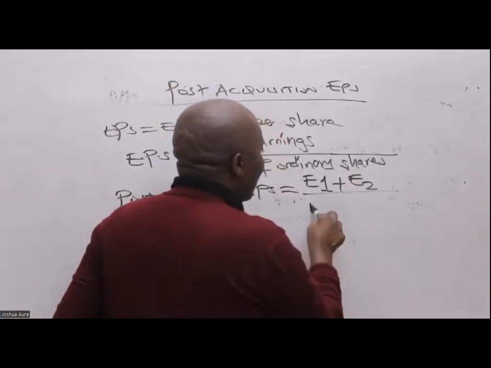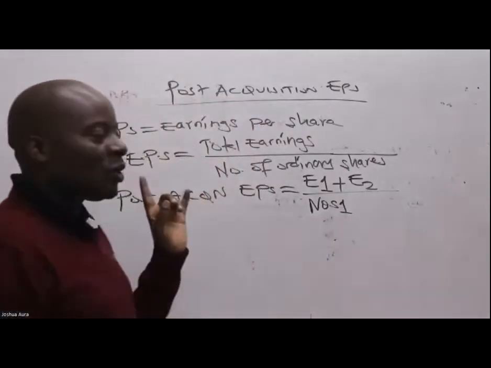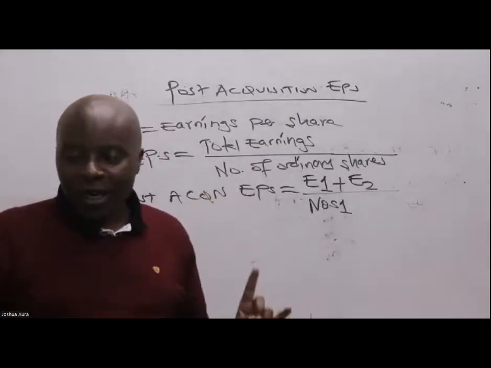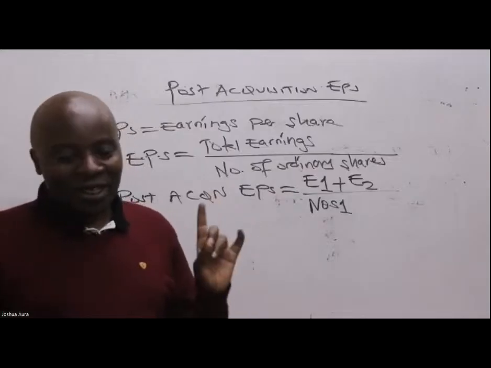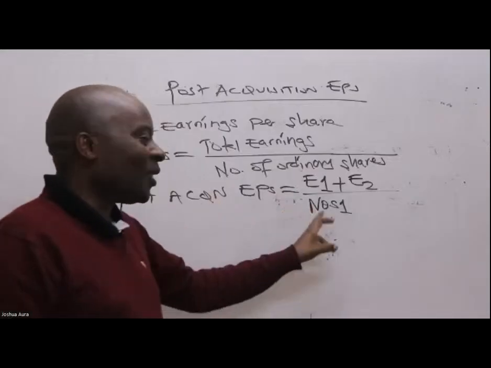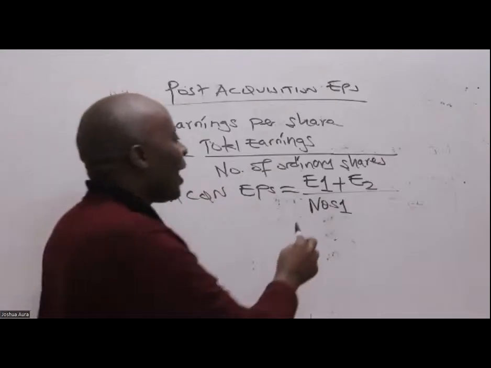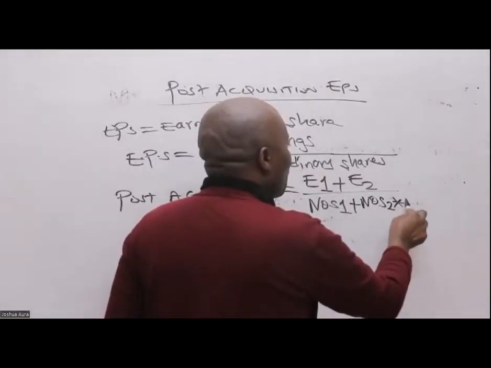All over, then we have NOSE 1. Whenever you see us using the word NOSE, it stands for number of ordinary shares, plus number of ordinary shares of company 2.